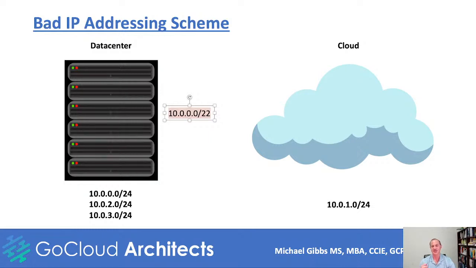Okay, we just did this. 10.0.0.0, 10.0.1.0, 10.0.2.0, and 10.0.3.0 are all encompassed in the same route. So, if I want to tell the cloud, hey, by the way, I have 10.0.0.0/22, and the cloud also has something in the same place, does anybody see a problem? Like overlapping conflicts here?